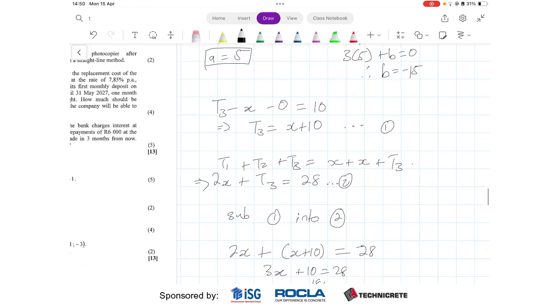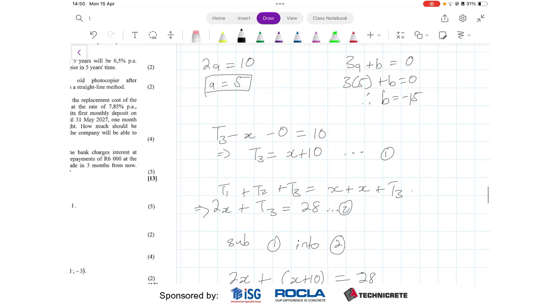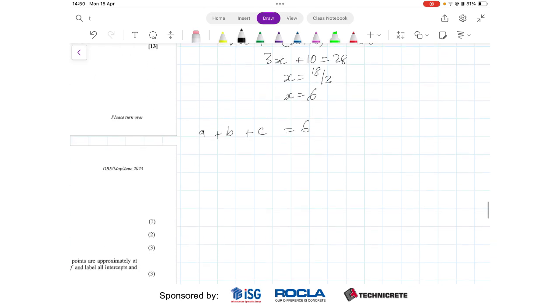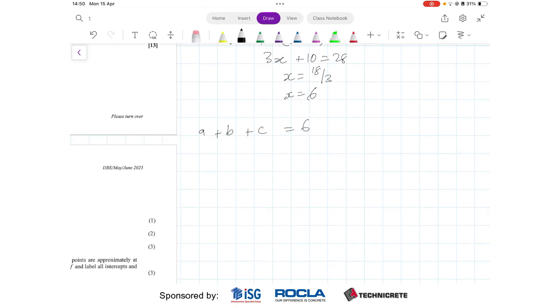We know that our a is equal to 5, our b is equal to minus 15, and we don't know the value of our c, so we can substitute that in to say 5 minus 15 plus c equals 6. This tells us that c equals 16. Let me just move that this way for better coherence.